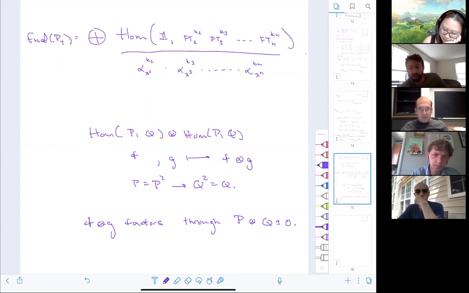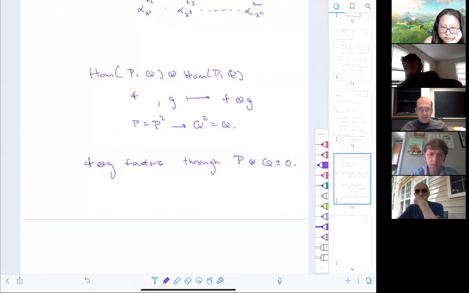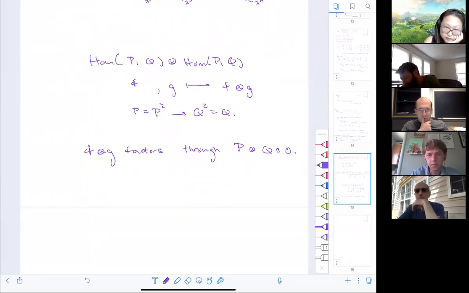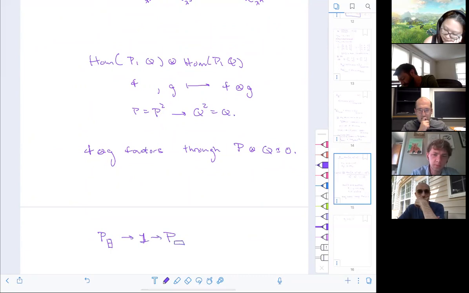The totally bizarre thing is, it sometimes is an algebra, but in a weird way. For example, in this situation, consider we have two idempotents, and this is a map of degree 1.